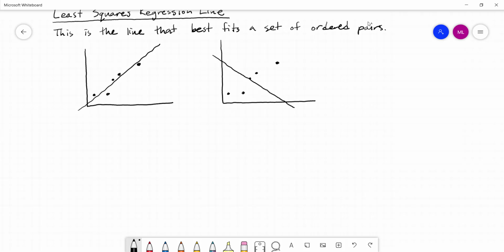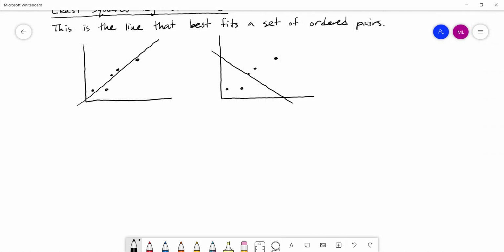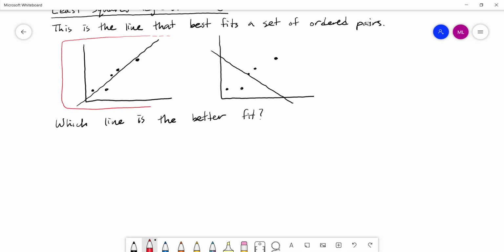Which line is the better fit? Hopefully it's totally obvious to everybody watching this that the first one is a much better fit, and the one over here is much, much worse.